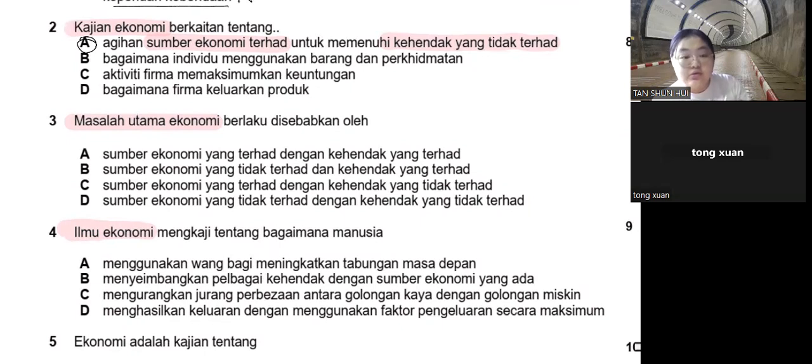Okay. So, do you mind to try question 4? What's the answer? See, they tell you economy is actually testing about human, how human do something. Which sentence, okay, that showing you sumber economy is limited?